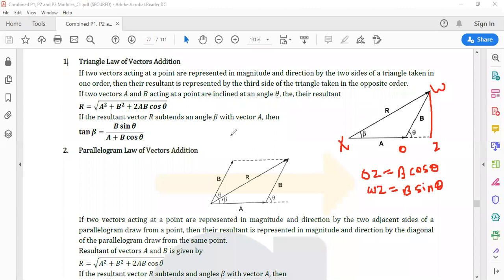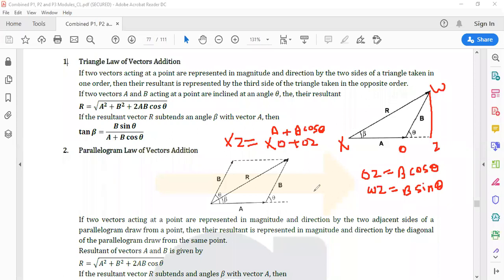So XZ is nothing but XO plus OZ, and XO is A, plus OZ is B cos theta.